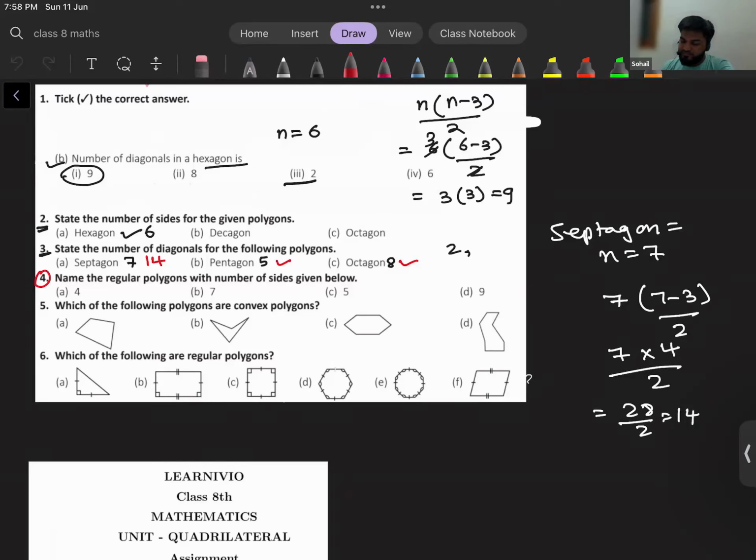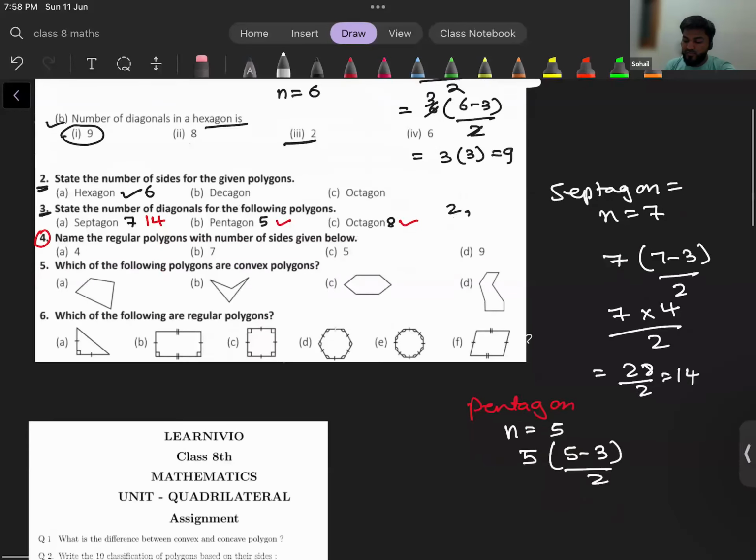A pentagon has 5 diagonals. So for pentagon, we solve it like this, and here n is 5. So it is 5 multiplied by 5 minus 3, upon 2.